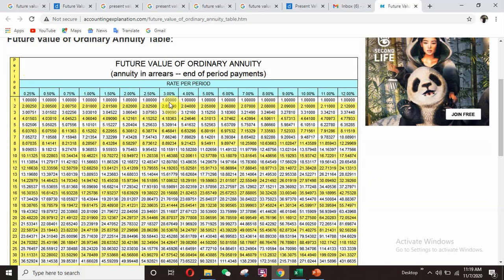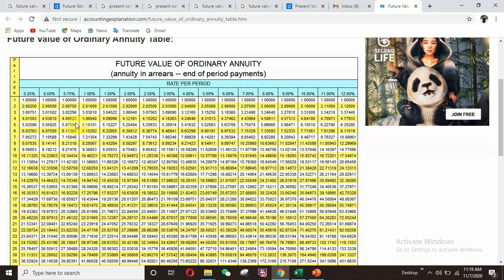So in my investment plan, my interest rate is 7%, that is this column, and my time period is 5. So what should be my exact value in the table? That is 5.75.